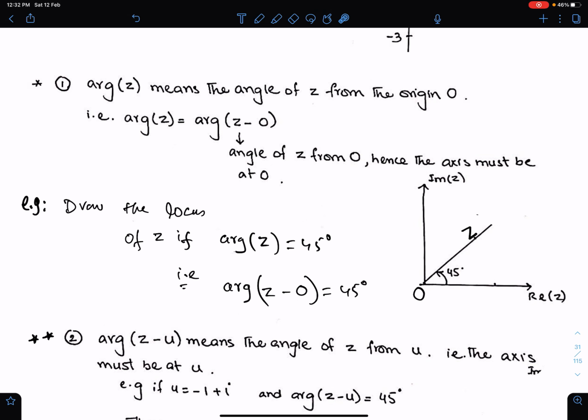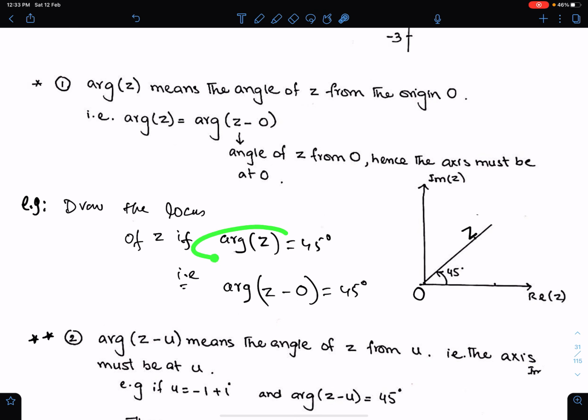So since this is 45, the equation of this line, argument z, must be y is equal to x. And this means the angle of z from origin. We just have z here, so we can write z minus 0 in this way as well. So whenever it says argument z, it means argument of z minus origin. So the angle of z should be from origin.